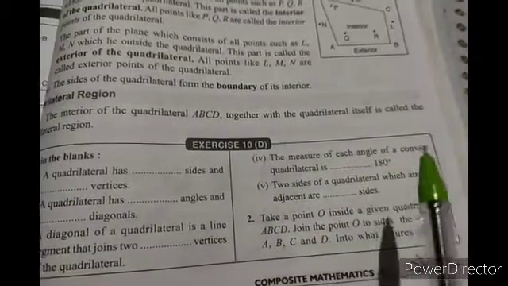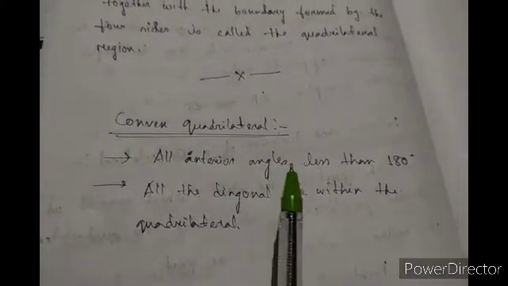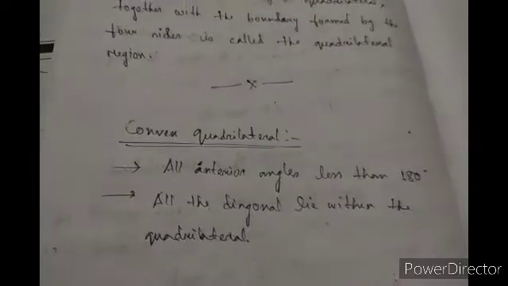Next, question number 4. The measure of each angle of a convex quadrilateral is dash. First understand what is a convex quadrilateral. A quadrilateral is said to be convex if all interior angles are less than 180 degrees. What do you mean by interior angles?